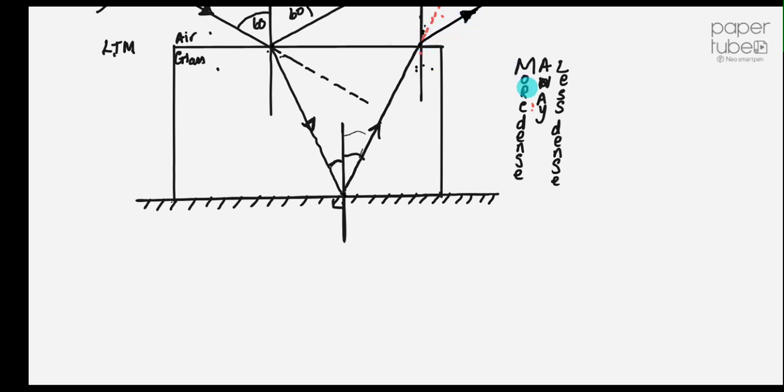See the way I use that? And then don't forget this mnemonic: less dense to more dense, it goes towards the normal. So this is this one here. Do you see that one? Look, that's a mnemonic. Towards.